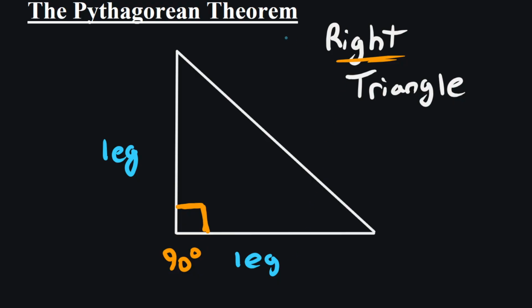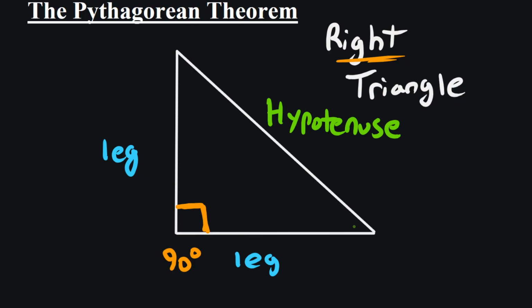Now, what is the side opposite to this right angle? What is this third side called? This third side has a special name. It is called the hypotenuse. The hypotenuse is the largest side of any right triangle.